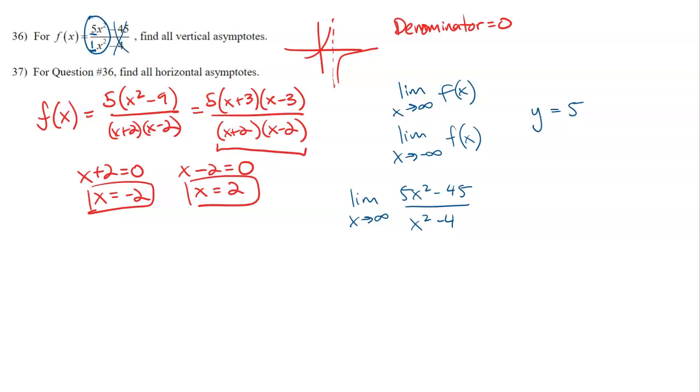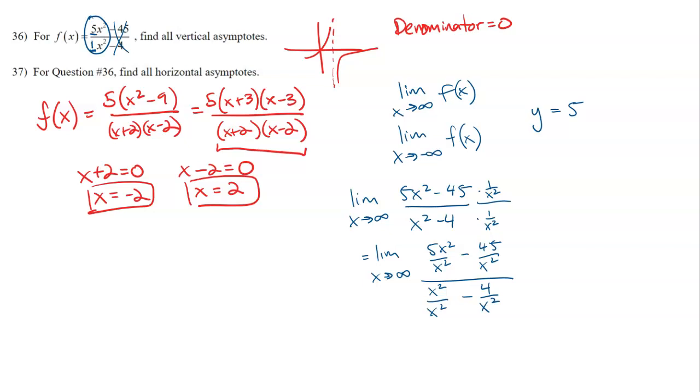Here we have an x squared, so let's divide everything by x squared. In a sense, we're multiplying the top by 1 over x squared and the bottom by 1 over x squared. Since we're doing the same thing on top and bottom, it's like multiplying by 1, so it's not changing anything. This gives us the limit as x approaches infinity of (5x squared over x squared minus 45 over x squared) over (x squared over x squared minus 4 over x squared).